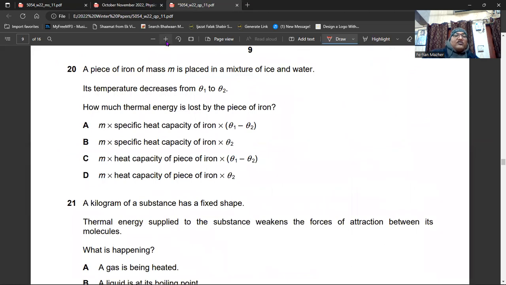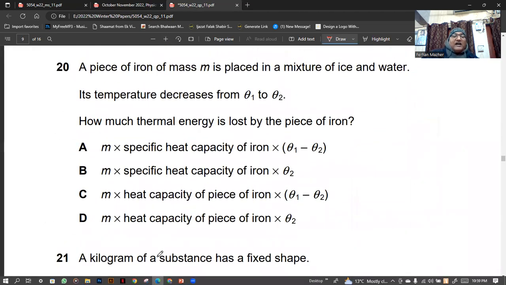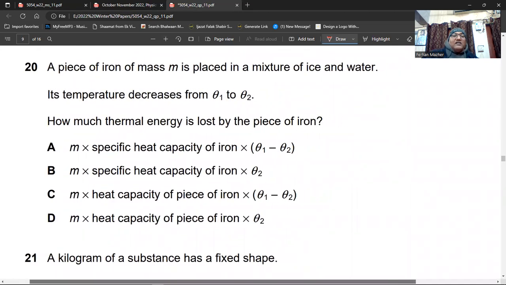The next question is question number 20. It says a piece of iron of mass m is placed in a mixture of ice and water. Its temperature decreases from theta 1 to theta 2. So we put an iron piece into a mixture of ice and water, and the temperature of that iron piece drops from theta 1 to theta 2. How much thermal energy is lost by the piece of iron?